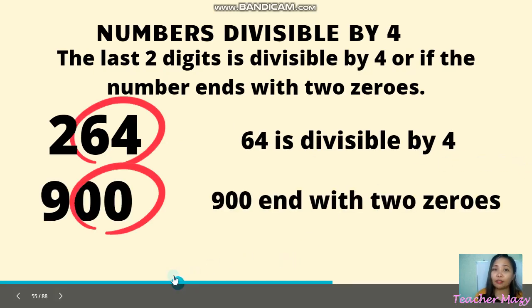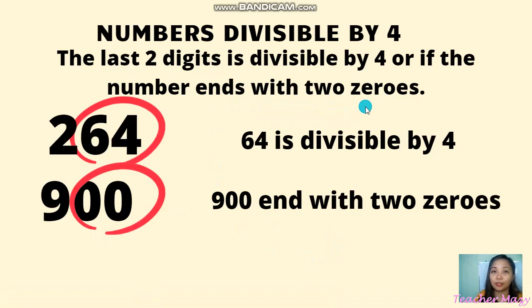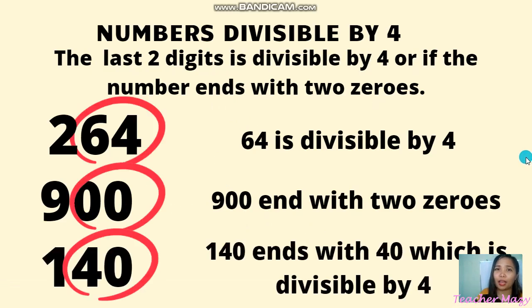Next we have 900. So 900 ends with 2 zeros. And it says that if a number ends with 2 zeros, then it is divisible by 4. Another example, we have 140.